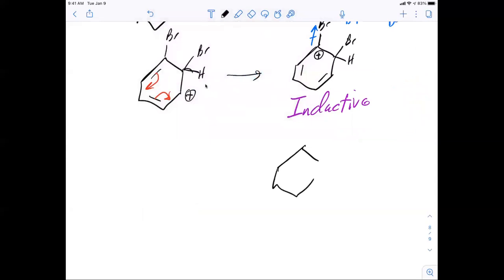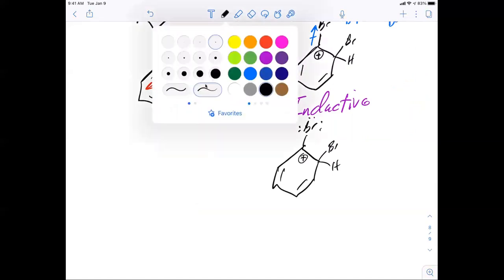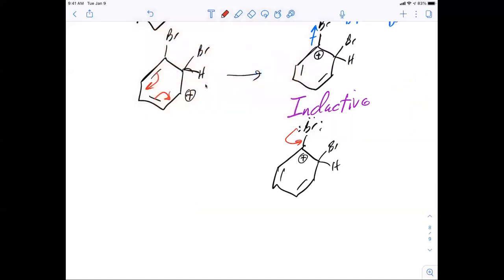But if we redraw that molecule, now I have that bromine here, positive, lone pair, pi bonds, bromine, hydrogen. Now I've got these lone pairs. What can the lone pairs do? They can donate back to the ring. I can end up with the brominium ion. Have you seen a positive bromine before? Yes, we saw that previously. We saw brominium ions when we were doing bromination.